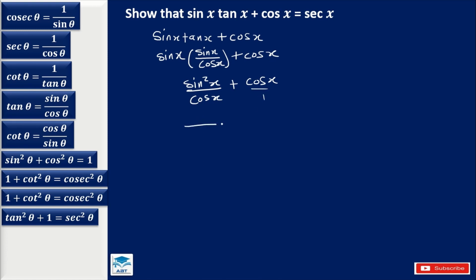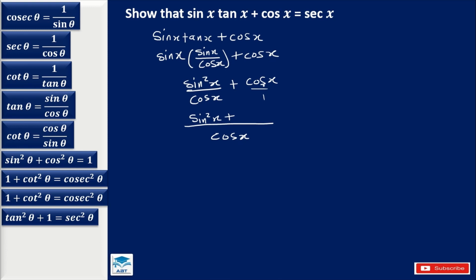Let's take the LCM. The LCM is cos x. Cos goes into cos 1. 1 times sine square x is sine square x. 1 goes into cos x, cos x.